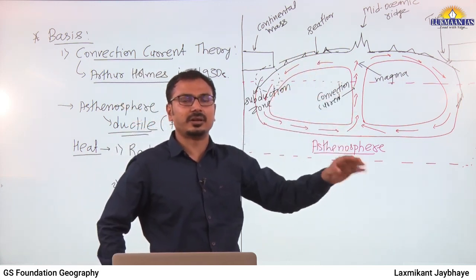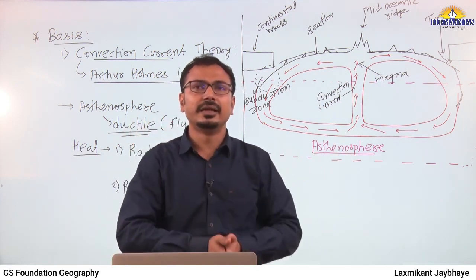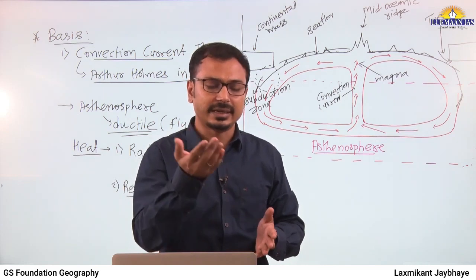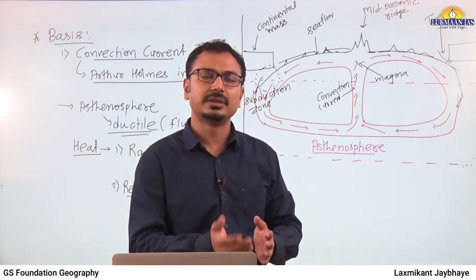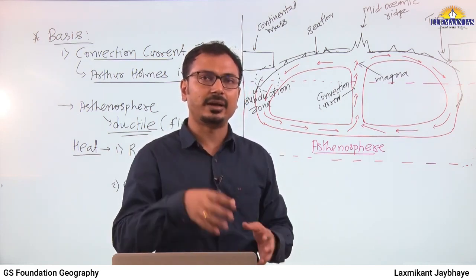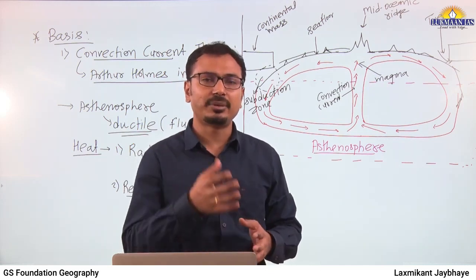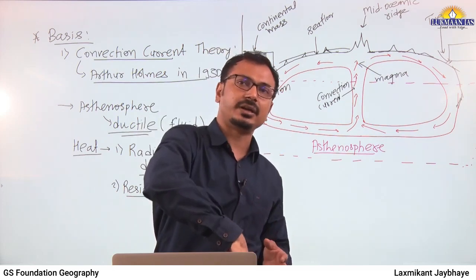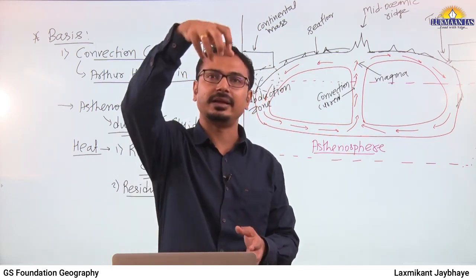Right? Convection happens even in the atmosphere. The air or the wind is getting heated near the earth's surface, and the heated, expanded, low dense, high temperature wind is moving up, and the colder, more dense wind is coming down. Again it is getting heated, again it is moving up.